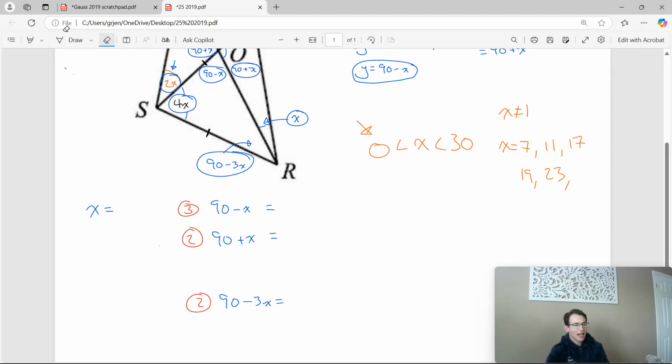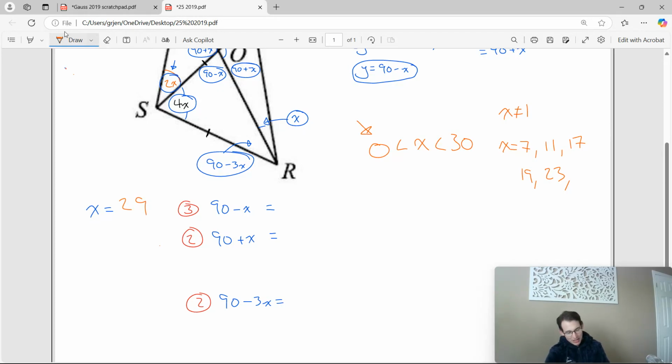Okay. Last one to check, 29. 90 minus 29 gives you 61. Looking good. 90 plus 29 gives you 119. But it turns out 119 divided by 7 goes in 17 times. 7 times 17 is 119.